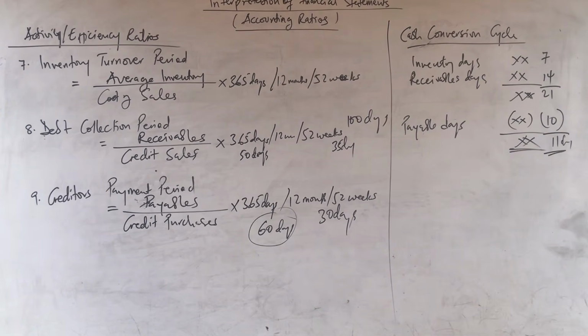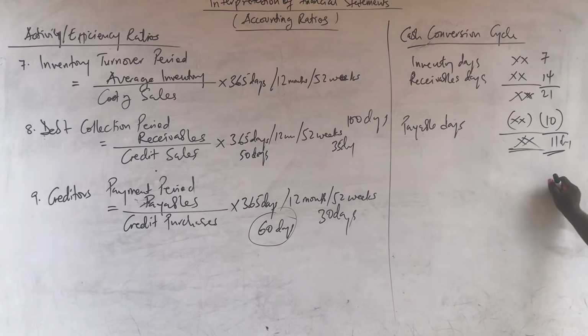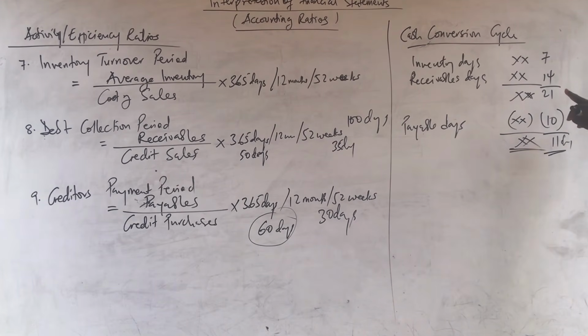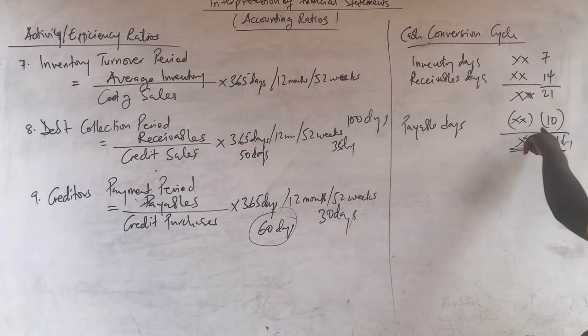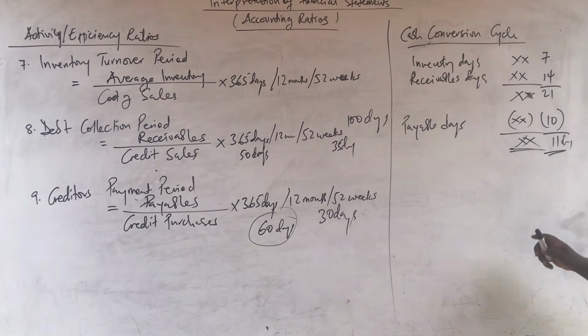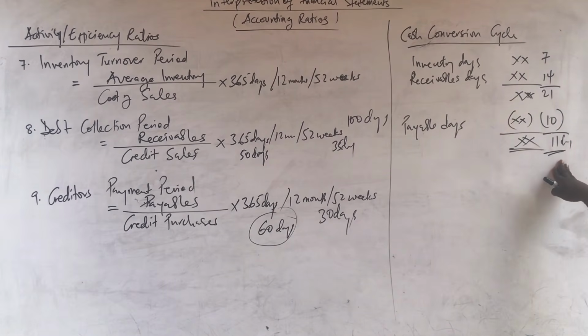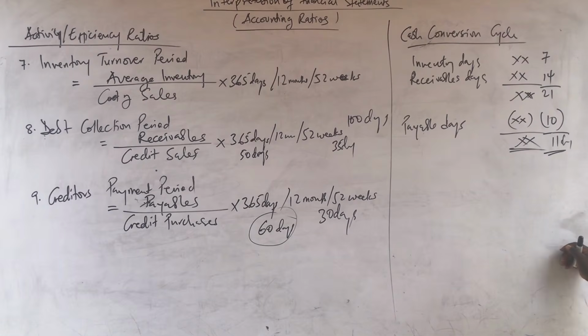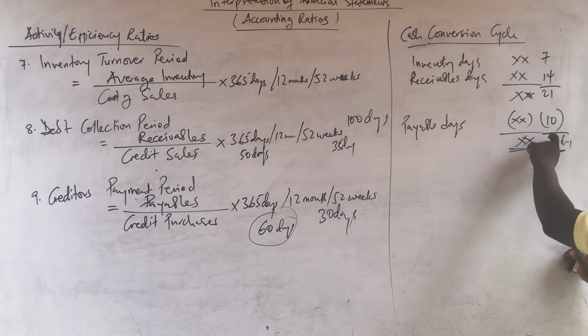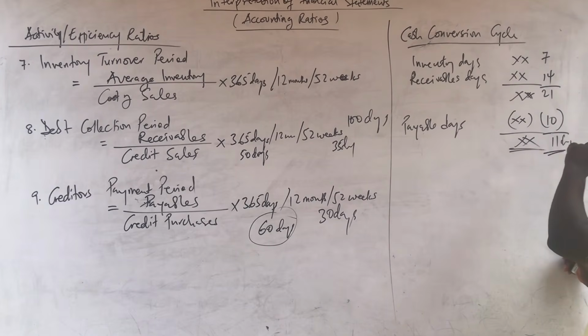It means that it takes you 7 days to convert your inventory, but the payable days, your creditors are giving you only 10. So you are in shortage of 11 days because you are giving more days than what you are receiving from your creditors. So what is going to happen is that it means you need additional funds from external sources to finance yourself for 11 days.